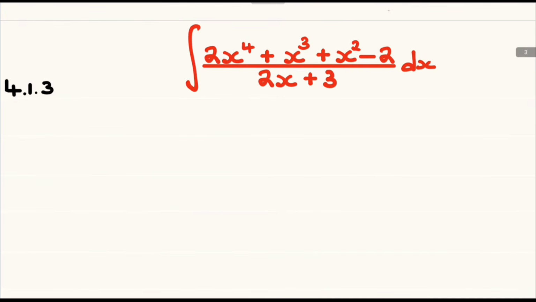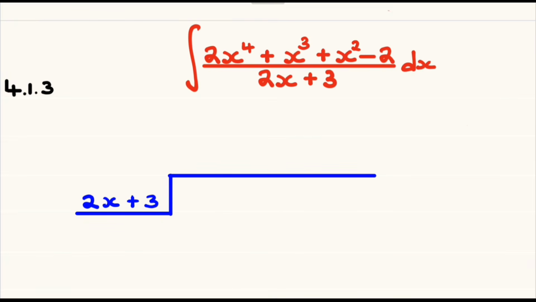Question 4.1.3, we evaluate the following integral, and since the degree of the numerator is greater than the degree of the denominator, we are going to use the long division method. So we have the 2x plus 3, and inside we are going to have the 2x to the power 4 plus x cubed plus the x squared.